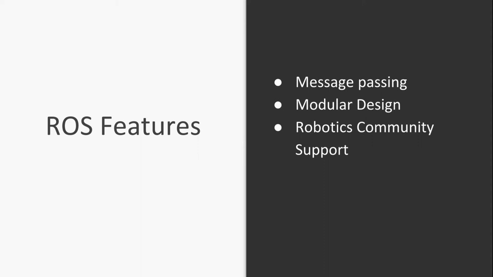It allows an engineer or hobbyist to communicate between different processes or components of a robot through sending messages. So this message passing system helps ROS to have an extremely modular design. You can use as much or as little of ROS as you want.